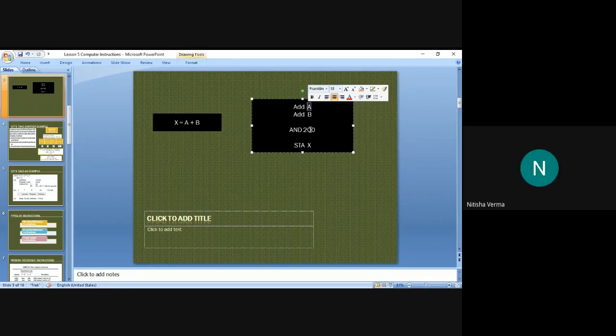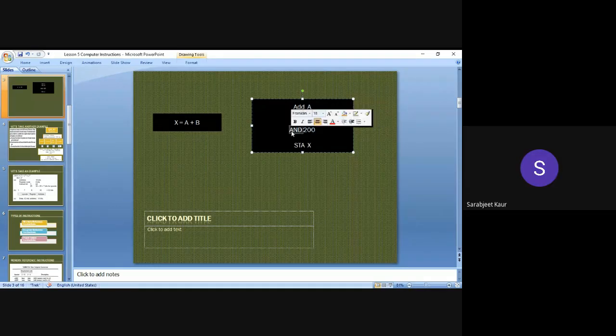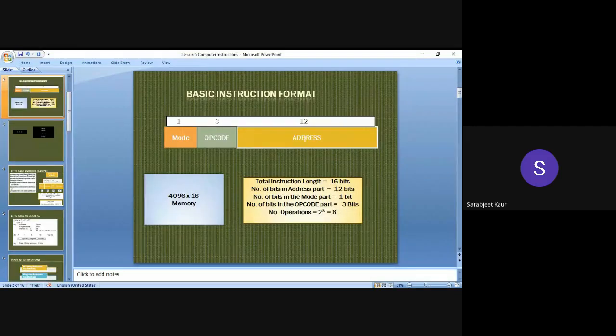And now what we are saying, instead of add, we are simply saying AND. And instead of the variable name, we are just giving the address. Why? Because we had decided that in our instruction format, we are going to use addresses. I told you that in high-level languages such as C, C++, Java, you have the flexibility to have alphabetic names for addresses.